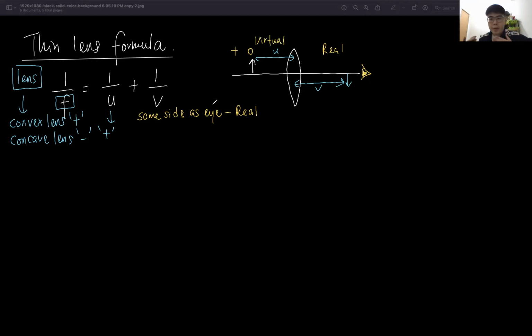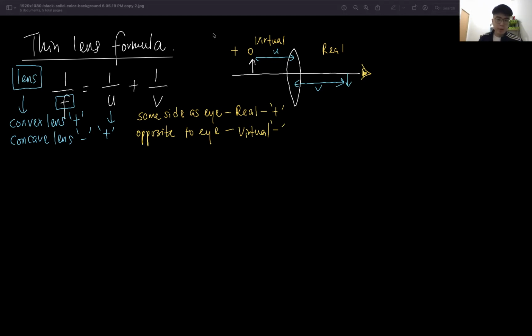So if it's a real image, or if it's the same side as the eye, then we use a positive. And if it's opposite to the eye position, then it's a virtual and we will use a negative. Get the sign right, you put in the value, you get the answer.